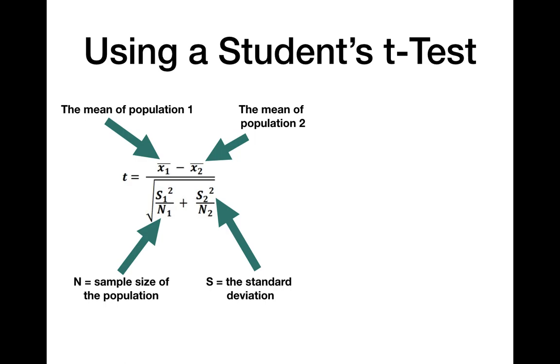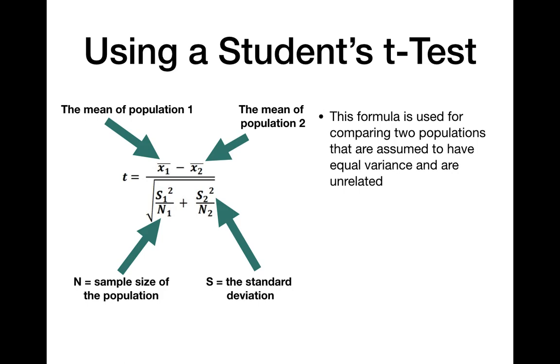Because Guinness was very secretive about their brewery and how they grew their barley and all that kind of stuff for their beer, they wouldn't let him publish it. But eventually it was really important to publish it, so he had to use a pseudonym, and he chose the name Student. So now we still call it Student's T-Test to this day. A little bit of statistics trivia for you there, guys.